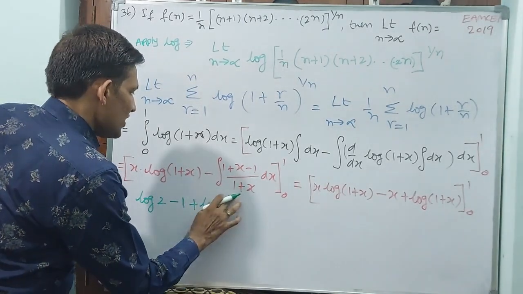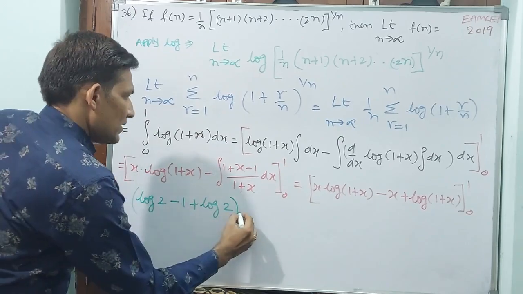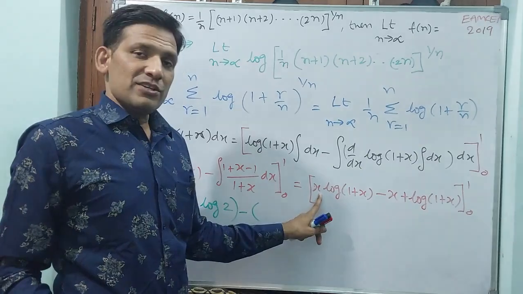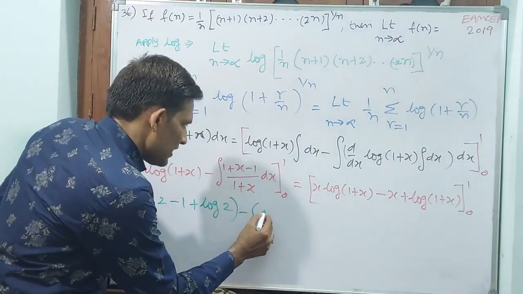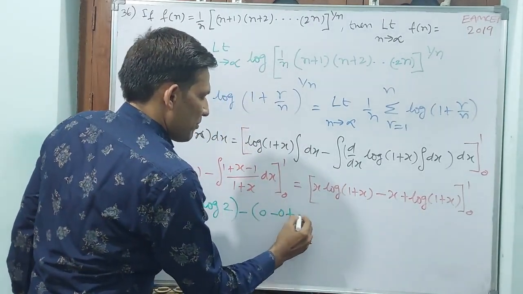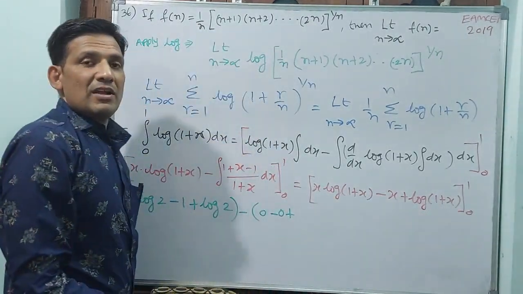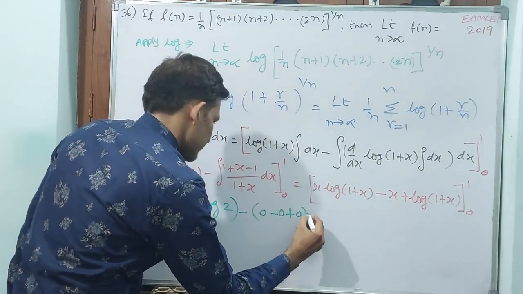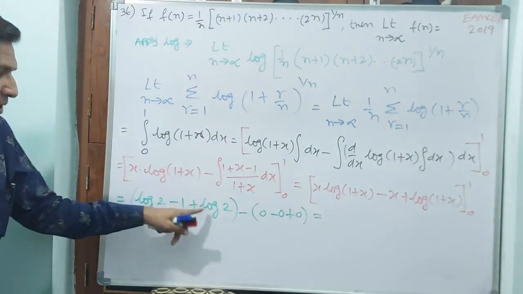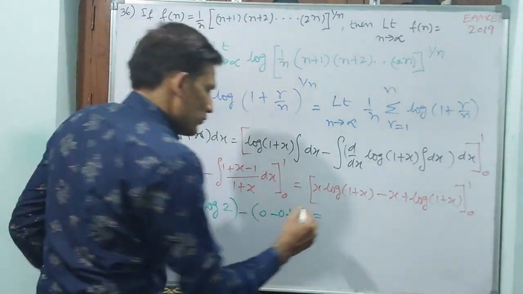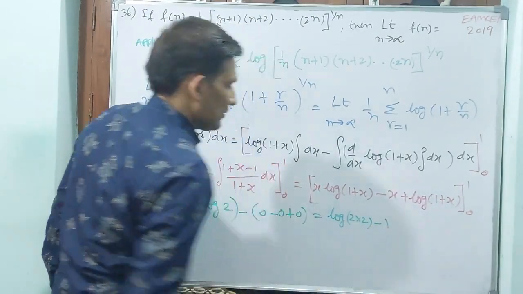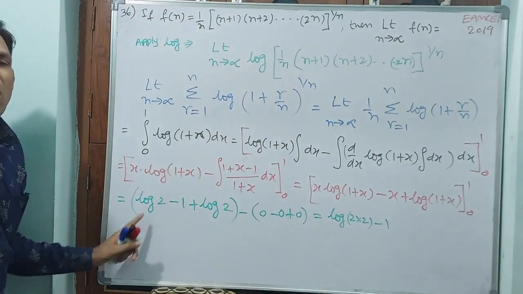This is upper limit minus lower limit. Lower limit, see, x is 0, so first term 0 will come, minus x is 0, plus log of 0 plus 1, log 1 is 0, that means plus 0. This entire thing is 0, don't consider. Log 2 plus log 2, log of 2 into 2, minus 1. Log m plus log n is log of m into n.